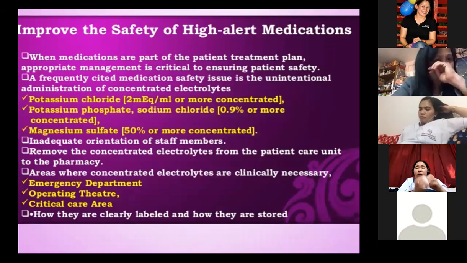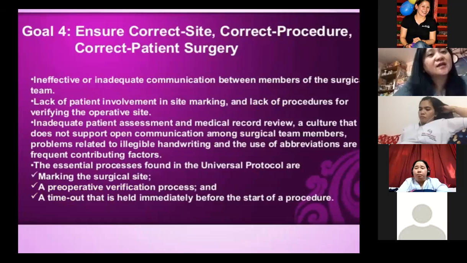This is to ensure the correct site, correct procedure, and correct patient for surgery. Ineffective or inadequate communication between members of the team is a cause, so there must be effective communication between the team. Like for example, when the nurse tells you to bring this patient to the surgical area, you have to check if it is the right patient.